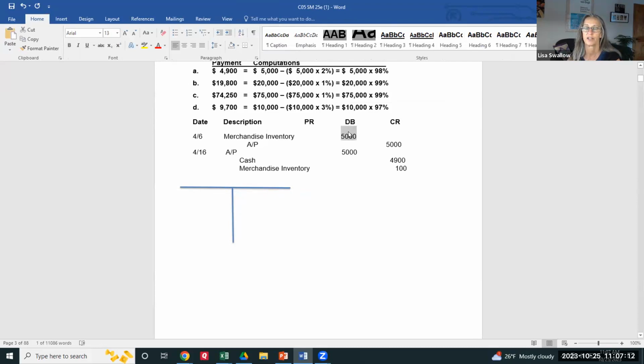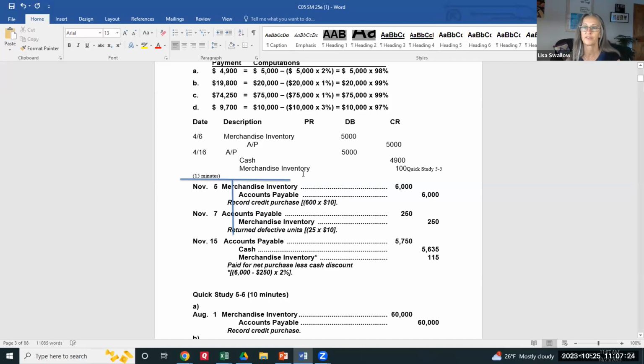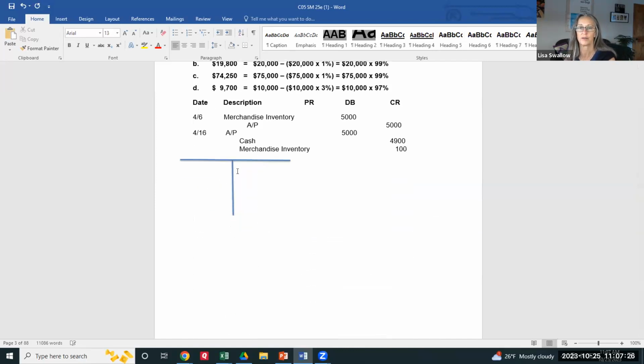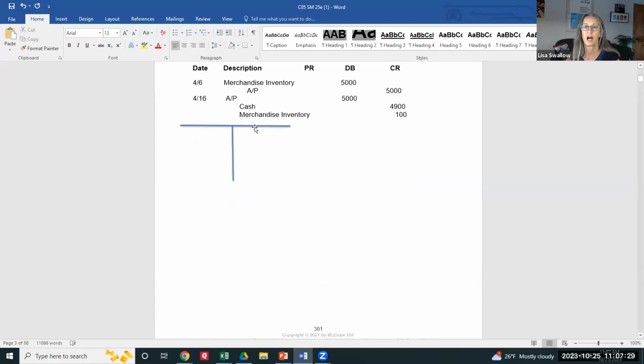So I'm going to put the $5,000 in my debit side. So put 5,000 bucks into your debit side, $100 into your credit side, and then put the line and balance it out.